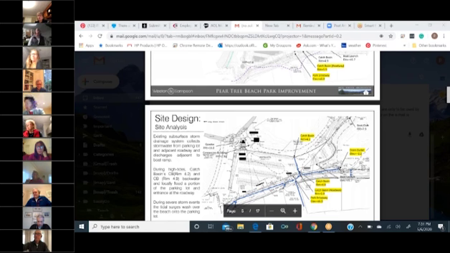Just for the record, the Darien Boat Club, the Rowton Yacht Club, and the town contributed money for the last two surveys of the harbor that were done. We did it in 2018, I think it was, and then about four or five years before that.